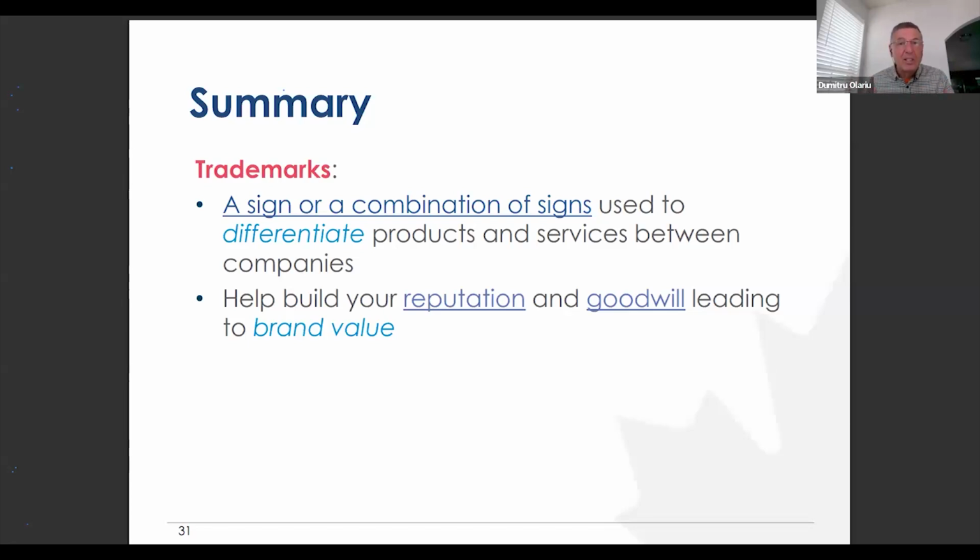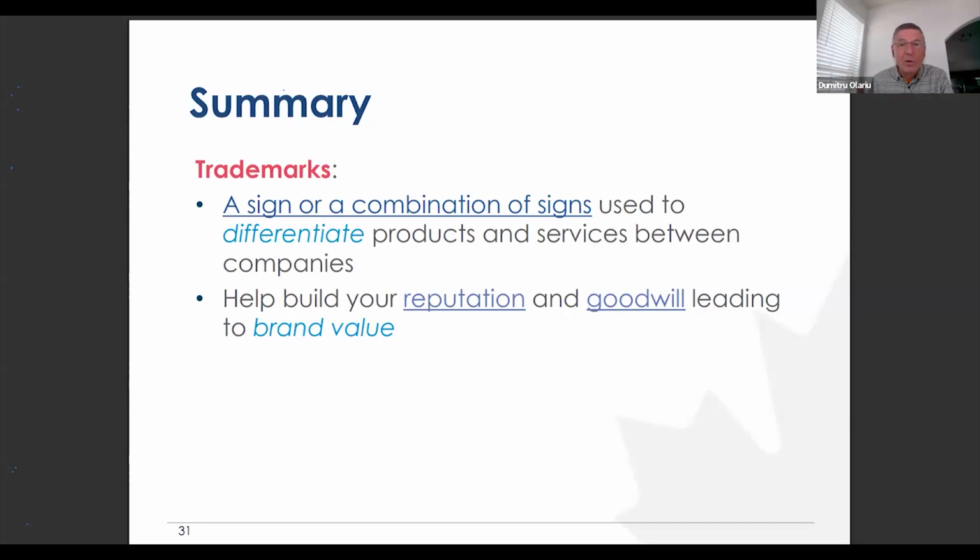You may use a combination of trademarks or signs that will be your trademark, and in that way you'll increase the value of your brand. Sometimes it works to have only a name. Nike, for example, would be a famous trademark.